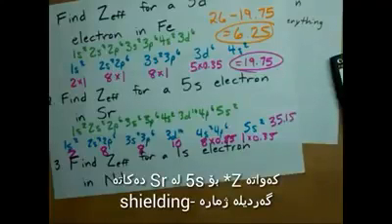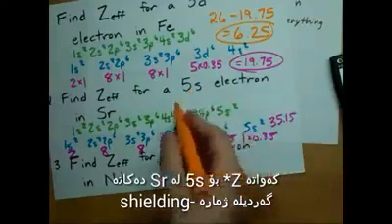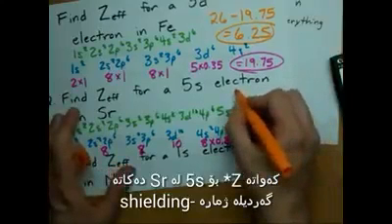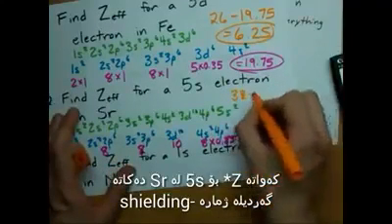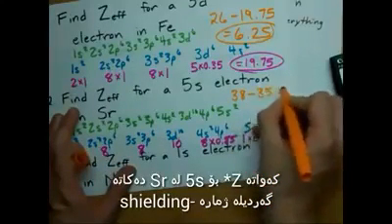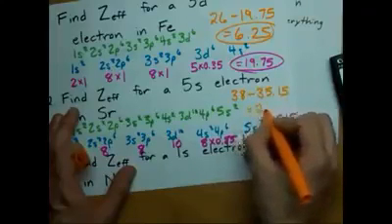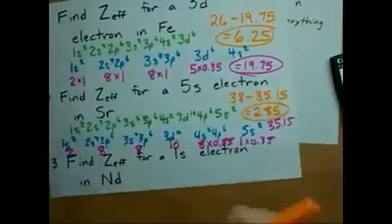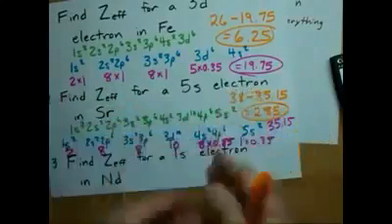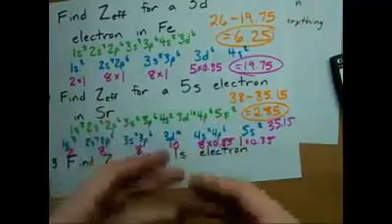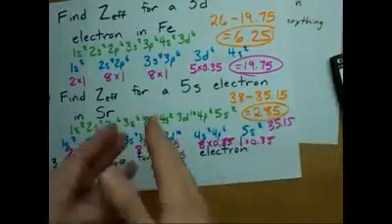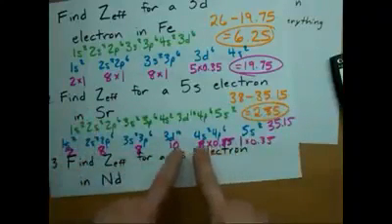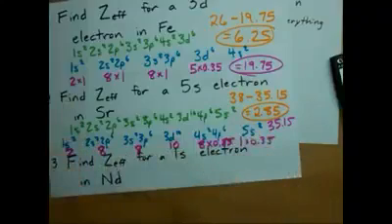So the effective nuclear charge on the 5s electron in Sr is atomic number of Sr minus this shielding. When you do that, you end up with 2.85. Wow, a 5s electron hardly sees anything of the center. I guess that makes sense because it's so far away and there's all these other electrons blocking its view.